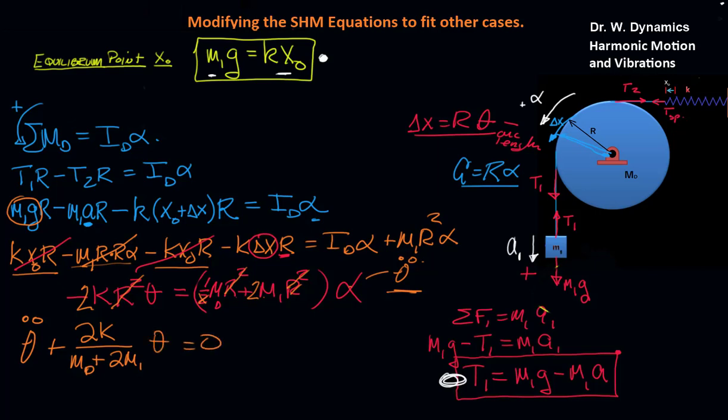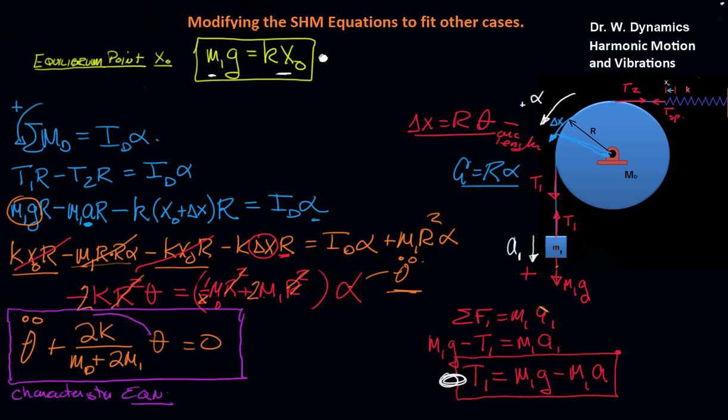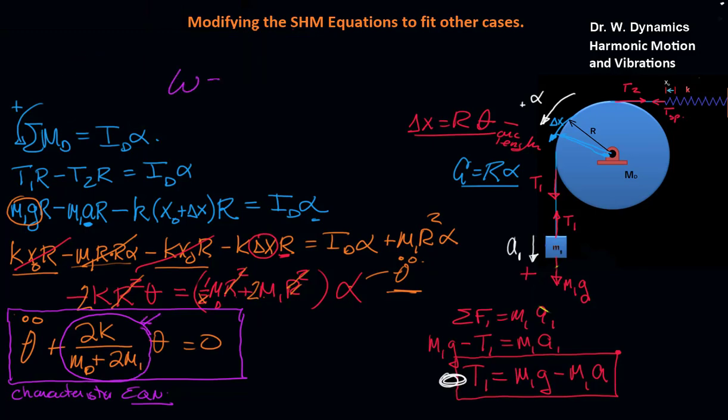With that, we recognize our characteristic equation, and we know that that is our omega squared value. And there's our answer. Omega will equal the square root of 2k over the mass of the drum plus 2 times the small falling mass.